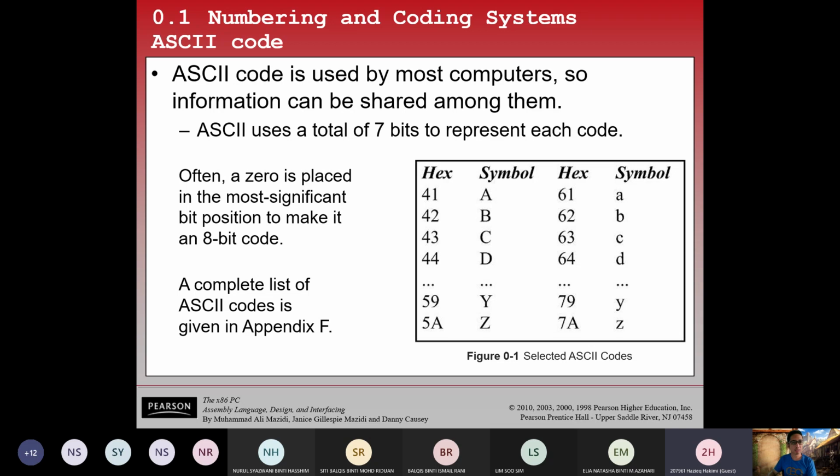You look at that from 41, which starts from the symbol A, the capital A, until 7A, so we have the small z. The complete codes you can check in the book, or you can Google on the internet, so you can find how this hex number is assigned to the symbol of the ASCII.